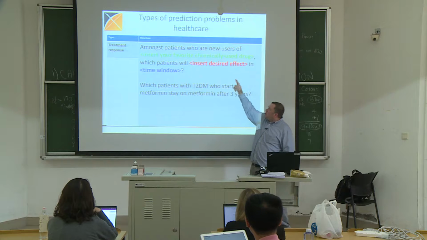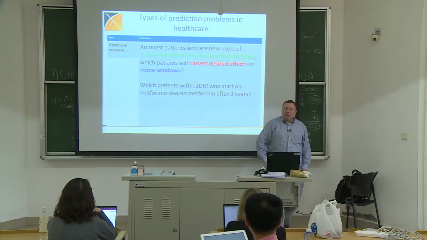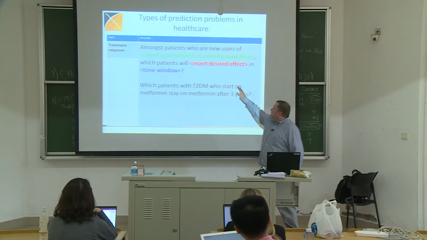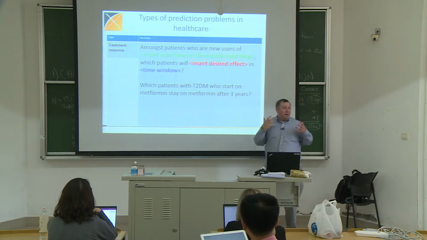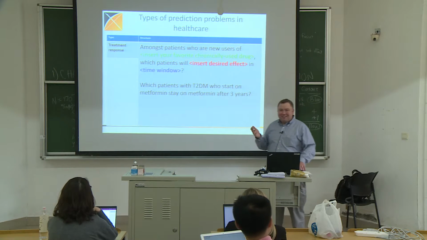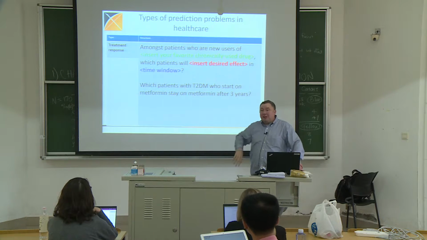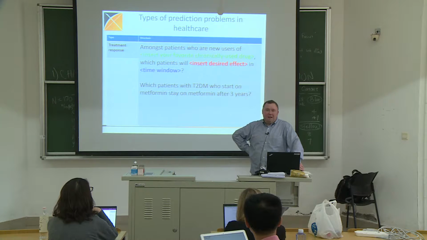Remembering that the green is your target cohort and the red is your outcome cohort, an important consideration is that the desired effect, for it to be a cohort, needs to be something that you can observe in the database. Probably the most common scenario for most diseases is when a patient comes to you, they have some ailment, and you are giving them a treatment that you expect to make the ailment go away.